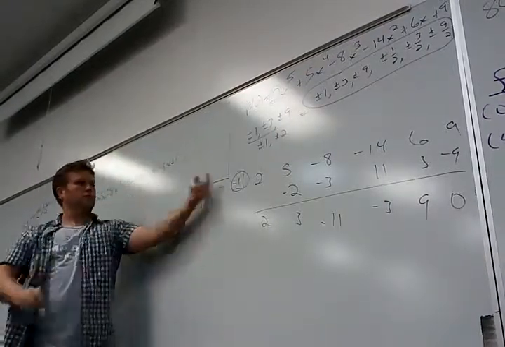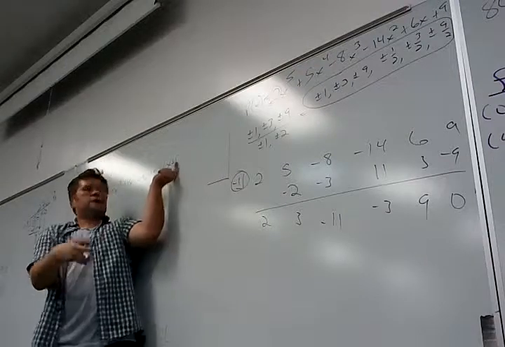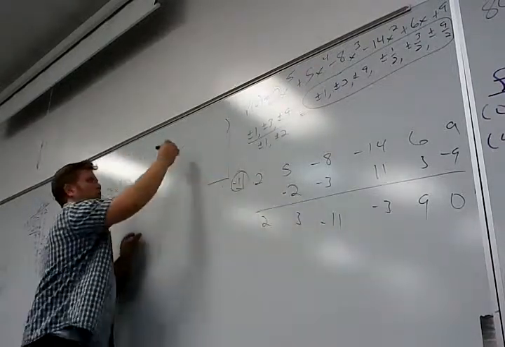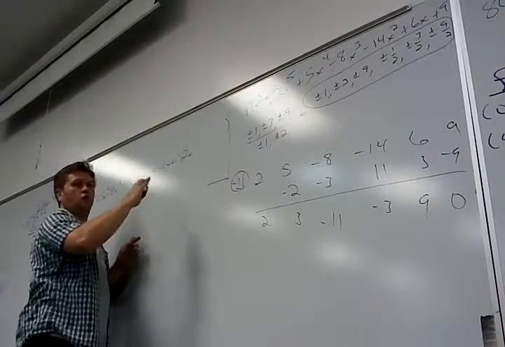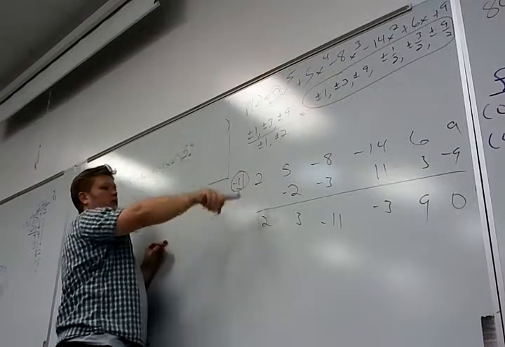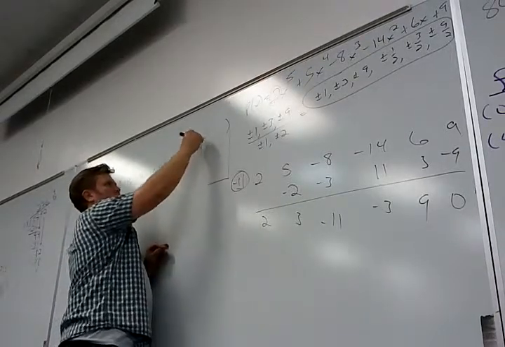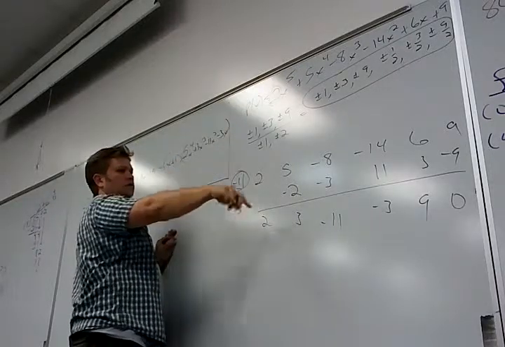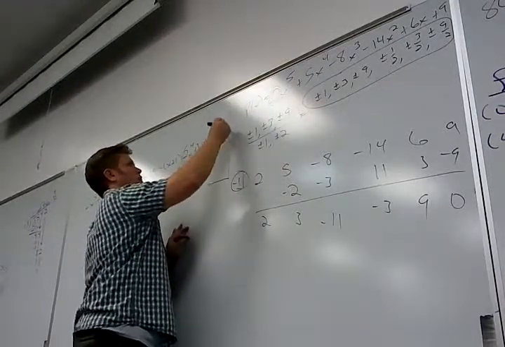Is everybody cool with that? Yeah. That's the root of the x plus 1, times 2x to the 4th. Good, because it was a 5th power. It goes down by 1. 4, 3x cubed, 11x squared, 3x plus 9.